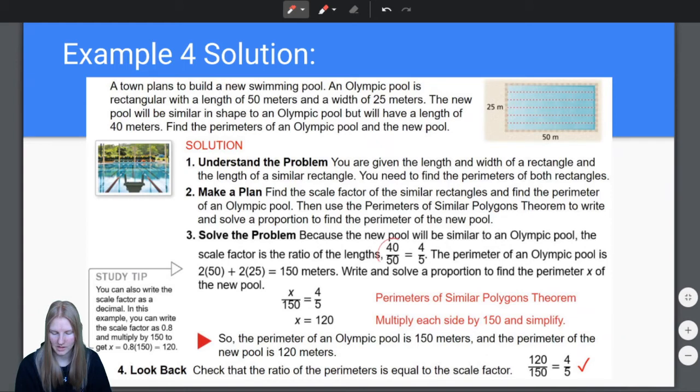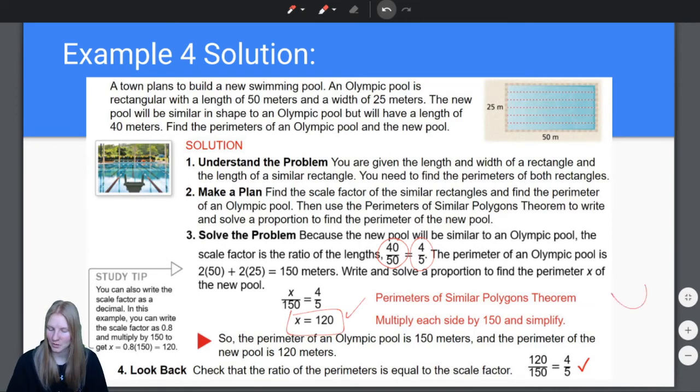Yes, 40 to 50. Okay, they simplified 40 over 50 to 4 over 5. They canceled out the zeros to make the numbers easier to work with. And they put the Olympic pool on the bottom and the new pool on the top, but that's okay, because they also got 120 meters.